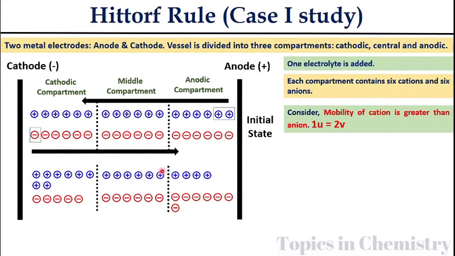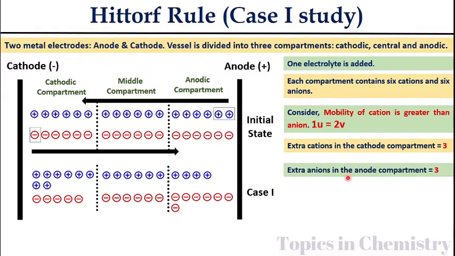And this anion moves from here to here, so the total number of anions in the cathodic compartment is 5. Here the total number of cations is 4, and the total number of anions is 6 plus 1, 7. Now we have to find the extra cations and extra anions. Here there are 8 cations and 5 anions, so the extra cations in the cathodic compartment are 3. Similarly, the extra anions in the anodic compartment are 3.